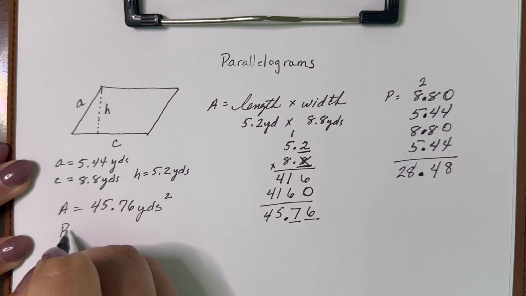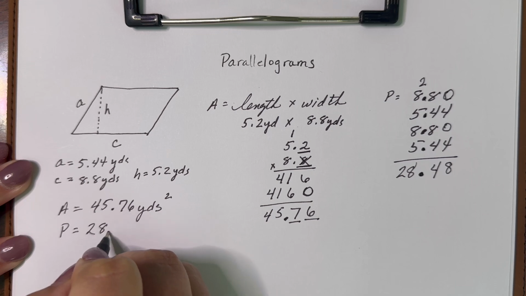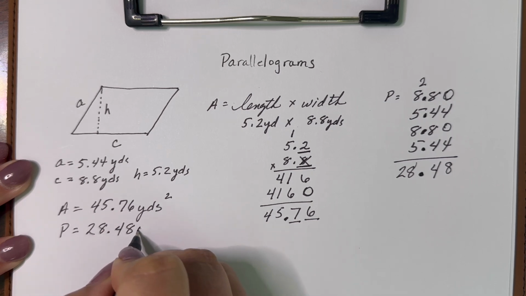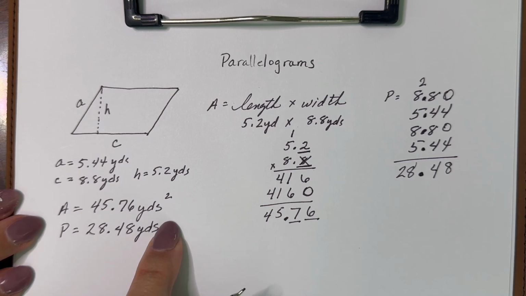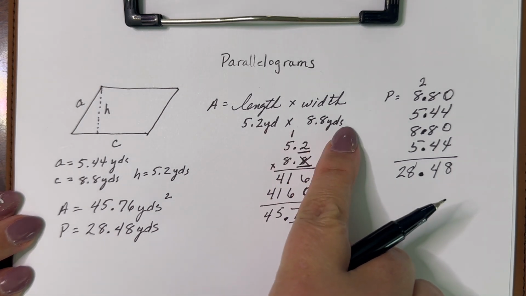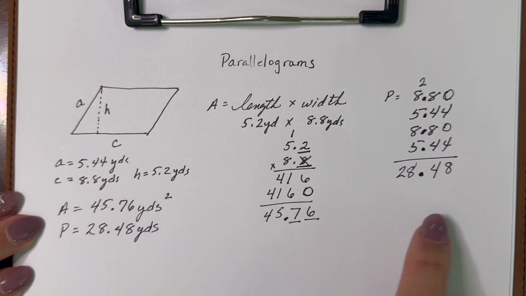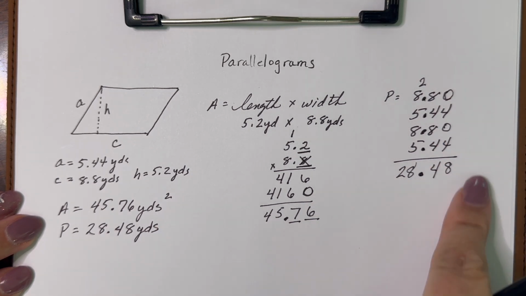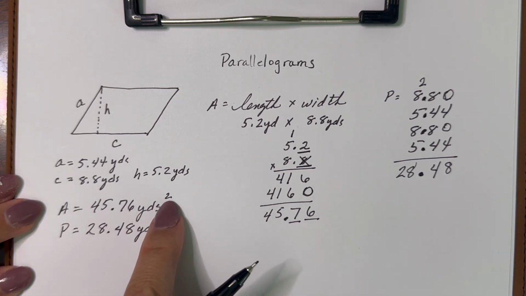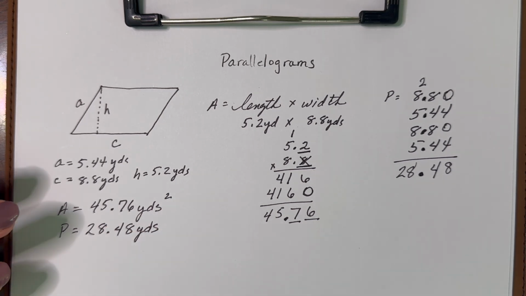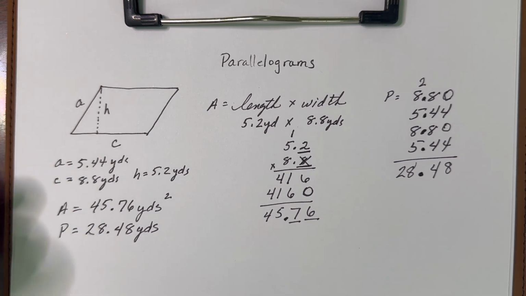So my perimeter is 28.48 yards. Why didn't I put the square there? Because when I do yard times yard, it's yard squared. But when I just add yards, they just stay there. So perimeter is a single, area is a square, and I'll give you a hint for the future, volume is a cube.